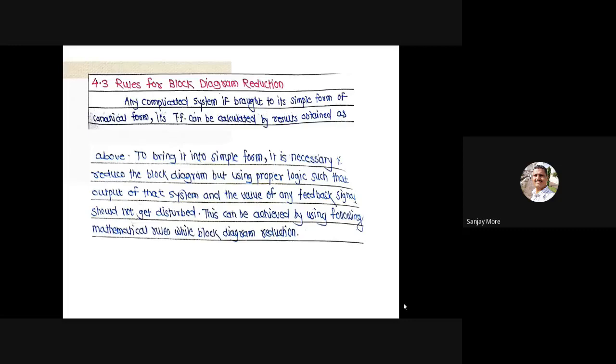This can be achieved using the following mathematical rules. There are a total of 8 rules to reduce the blocks. Give the heading, rules for block diagram reduction.